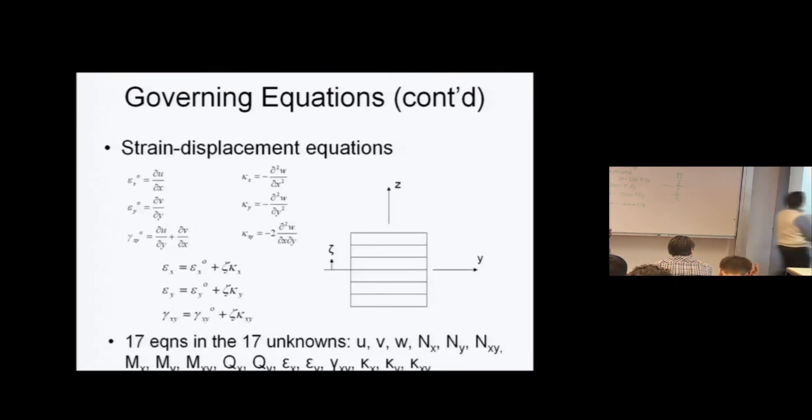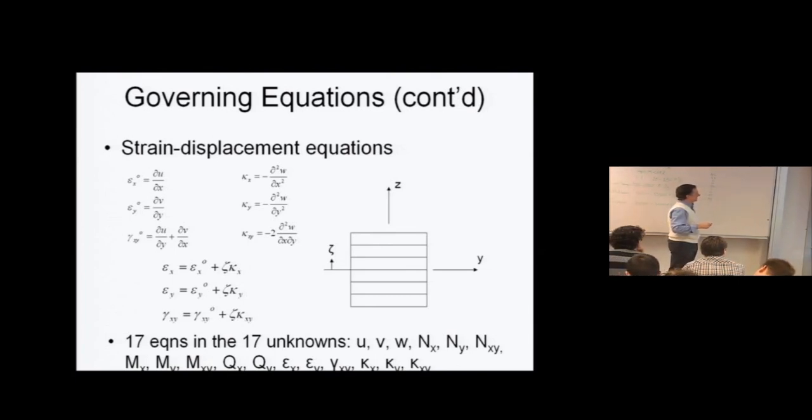And then the standard strain displacement equations, which are here, and the curvatures here, which combine together with a linear distribution through the thickness Z, or zeta, being measured from the center midplane of the laminate.